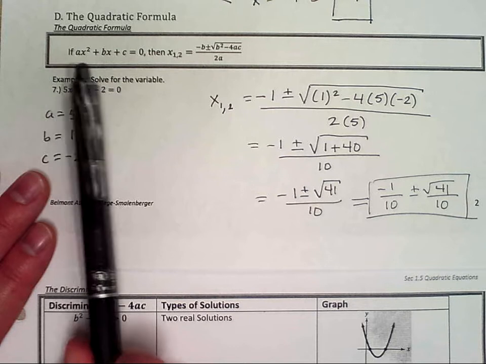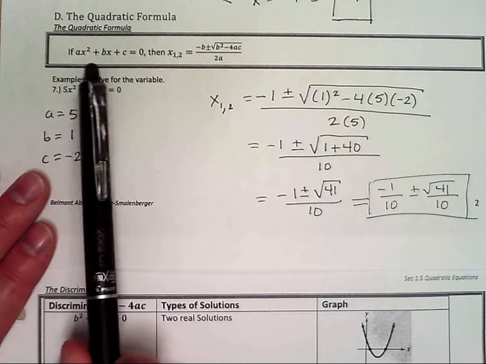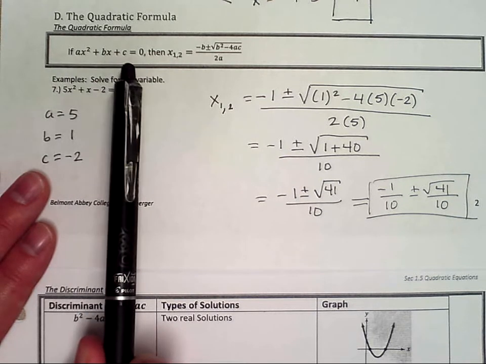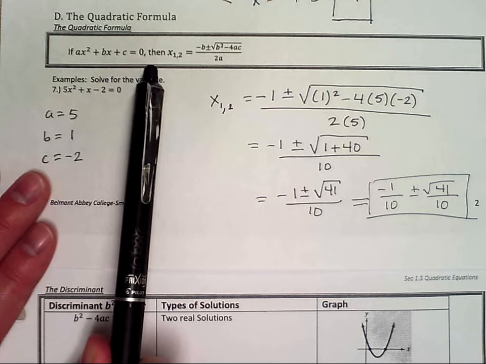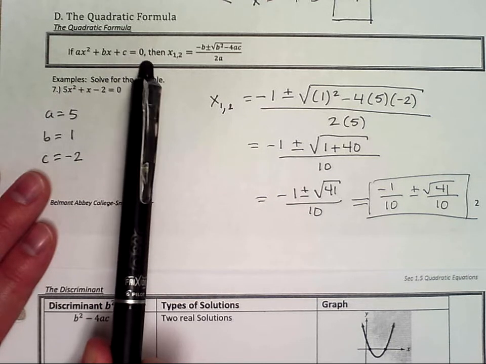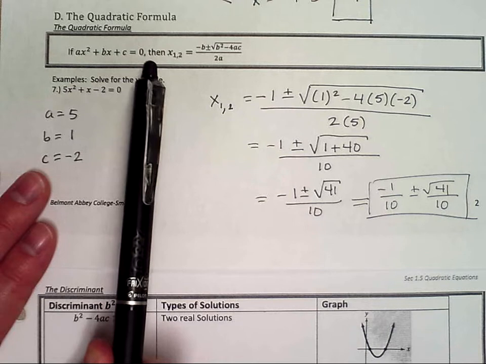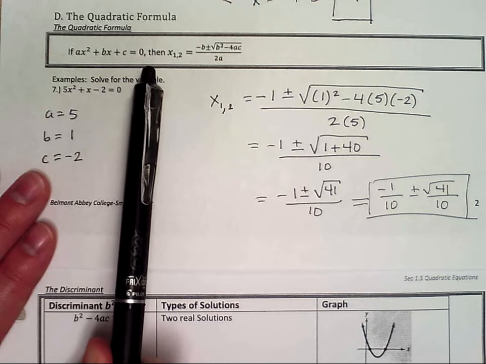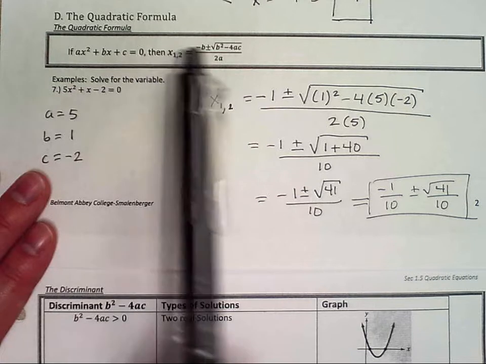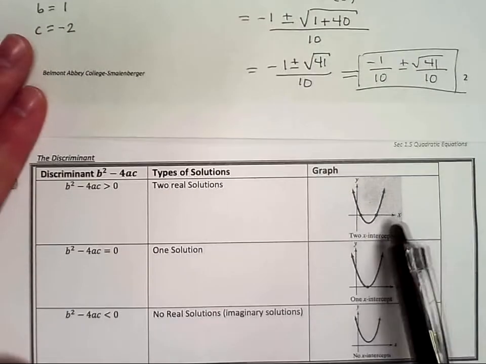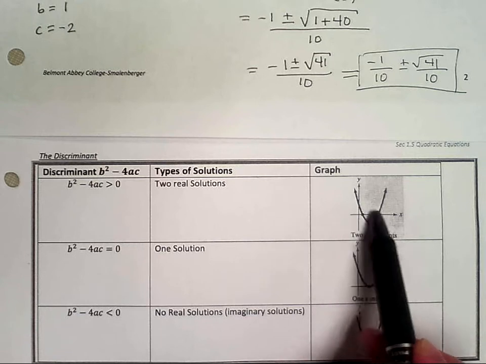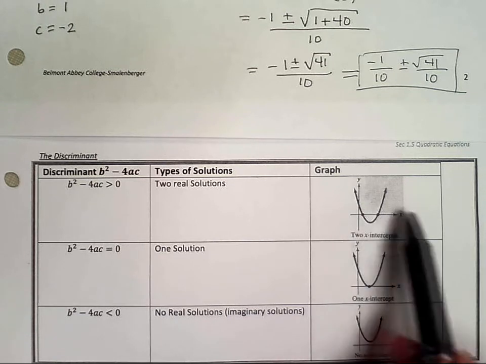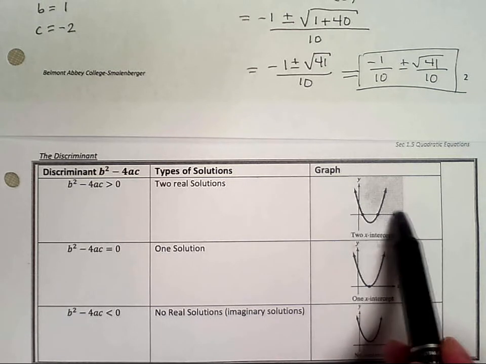If I wrote this as a function, f of x equals ax squared plus bx plus c, I'm actually setting f of x equal to 0, right? What is f of x? That's the y value. So where does y equal 0? On the x-intercept. So here's a picture of what we're doing. We're finding the x-intercepts.